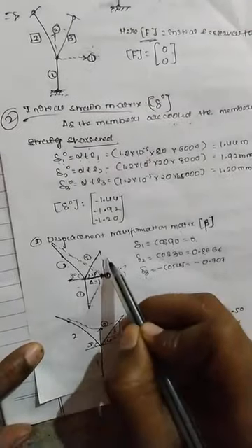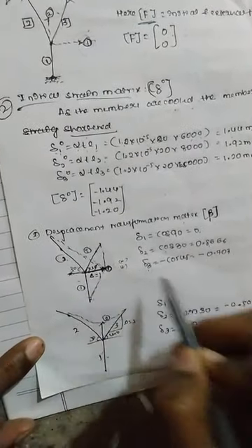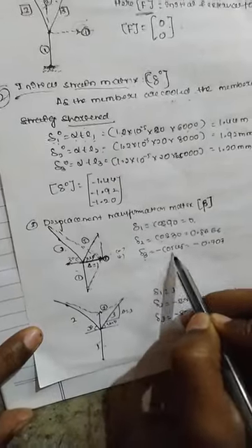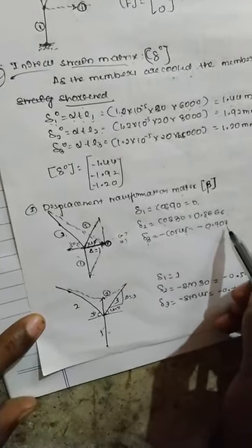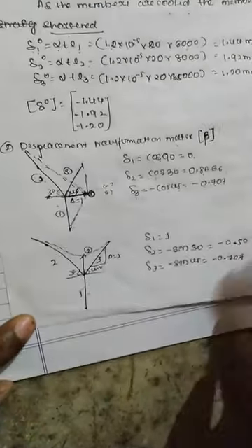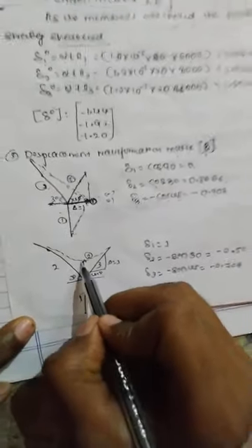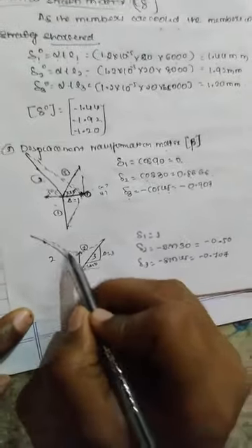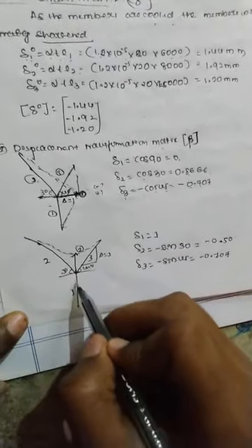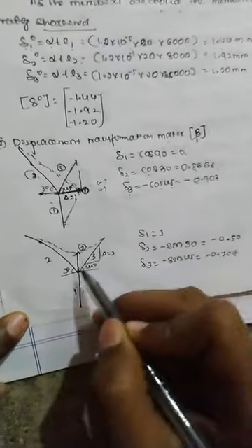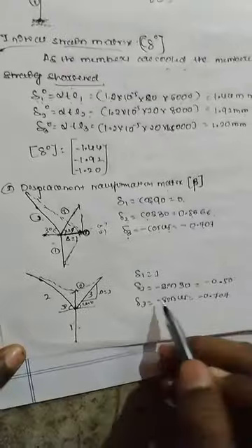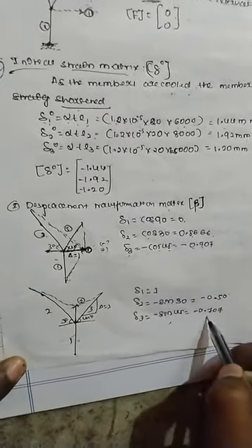Delta 3 in the third member is in the direction of the assumed member, so it is negative, so it is 0.707. Consider the same for the vertical member deformation. In the same direction we consider it as negative, in the opposite direction we consider it as positive. So like that you get this answer.